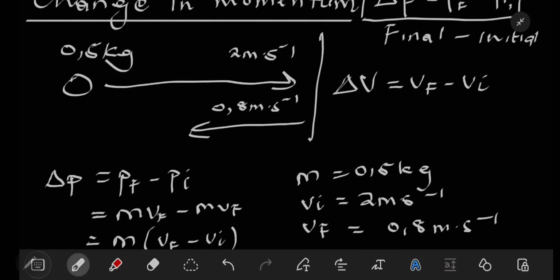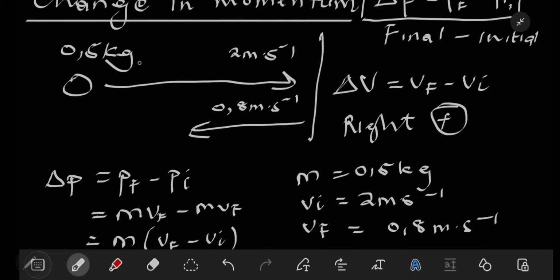In this case, we have a ball moving in two different directions, so we must first choose the direction of the motion. We take right to be positive.